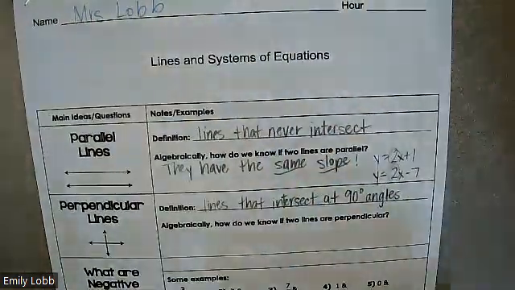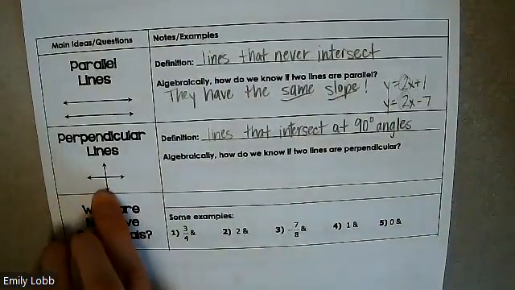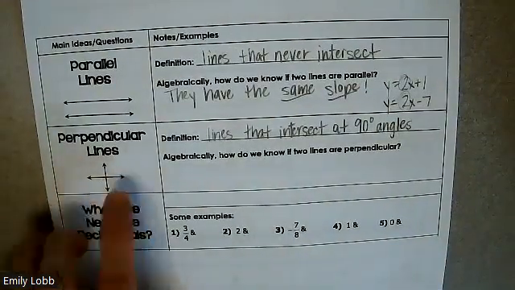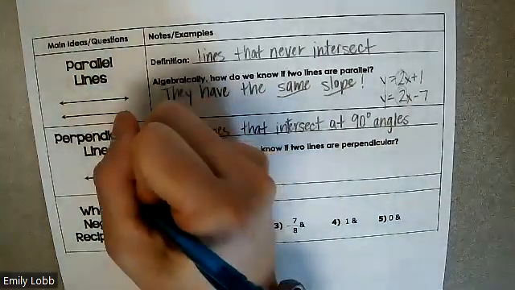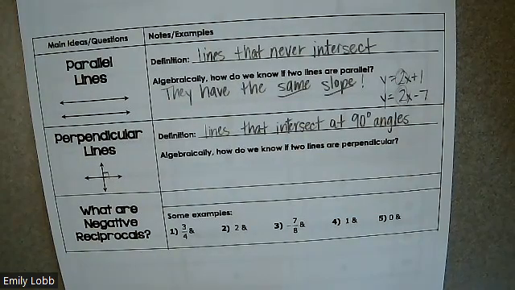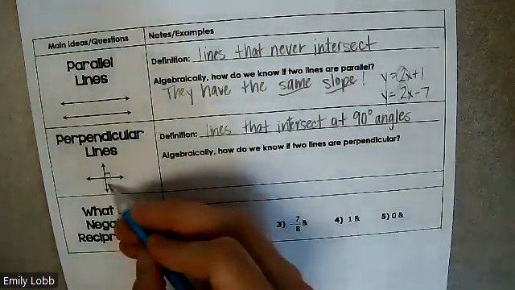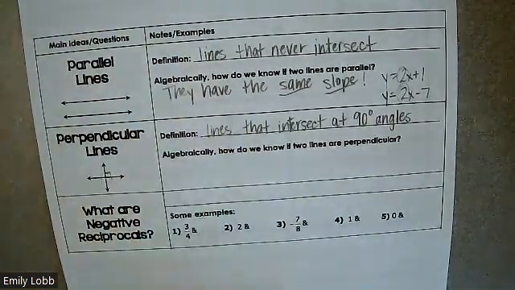So our axes, our x and y axis, are perpendicular lines. So this angle right here is 90 degrees. It's a square angle. In fact, all of these angles would be 90 degrees.